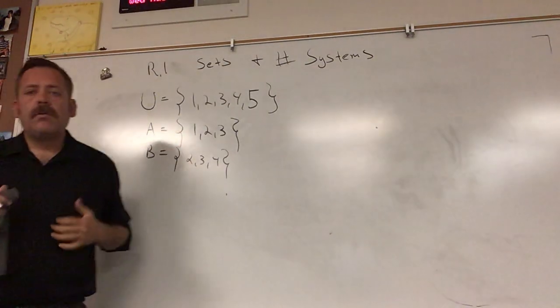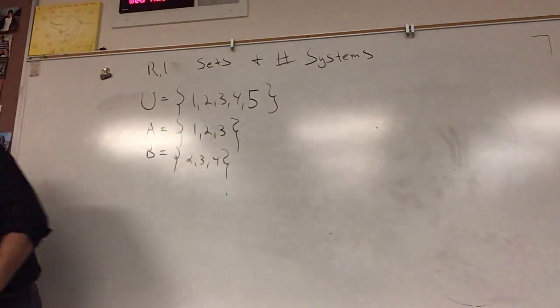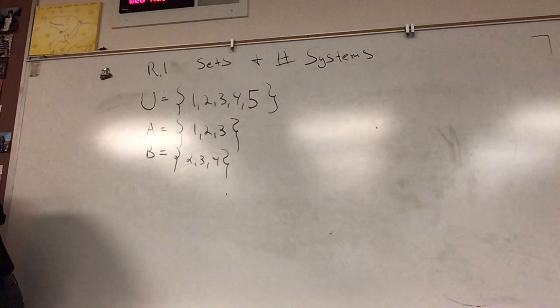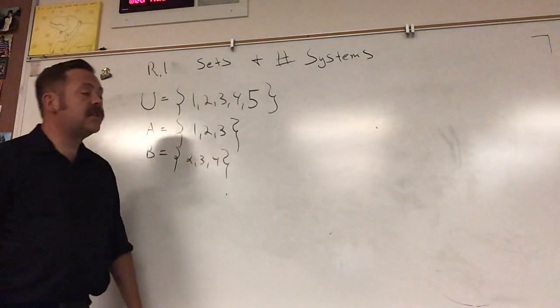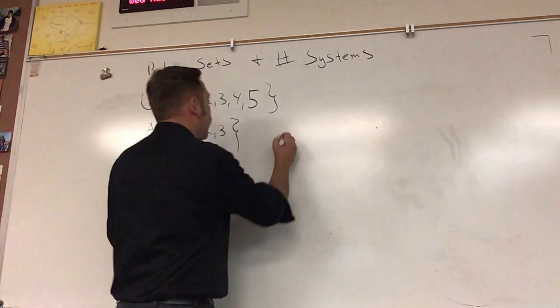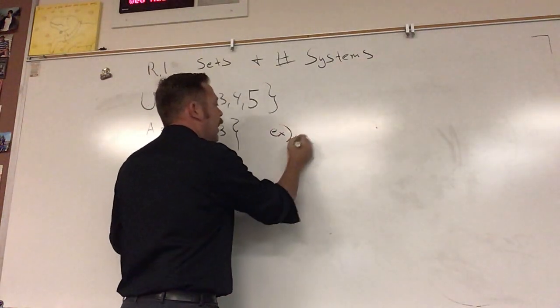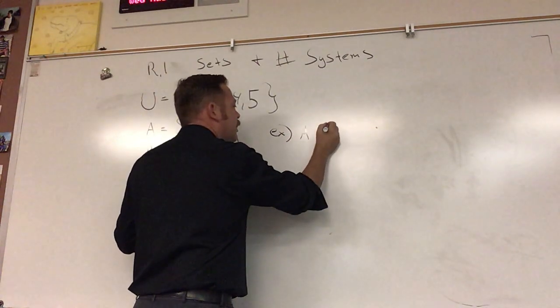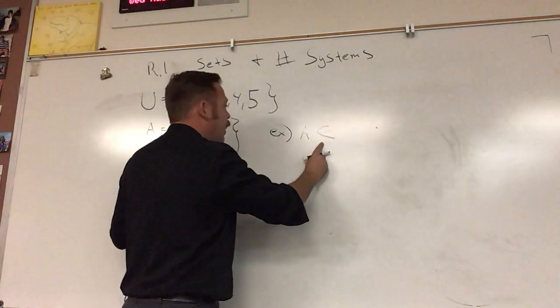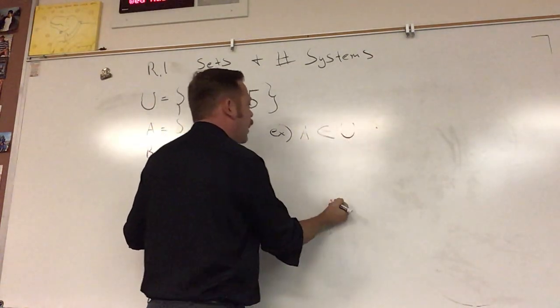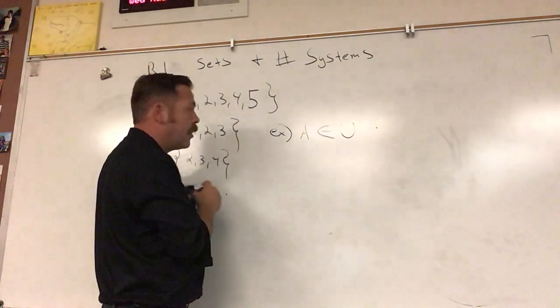There's a symbol for exists, guys. And the symbol that we're going to use for exists is this. I would say that A exists, it's like this little kind of funny looking E, in U. And that would be a true statement.